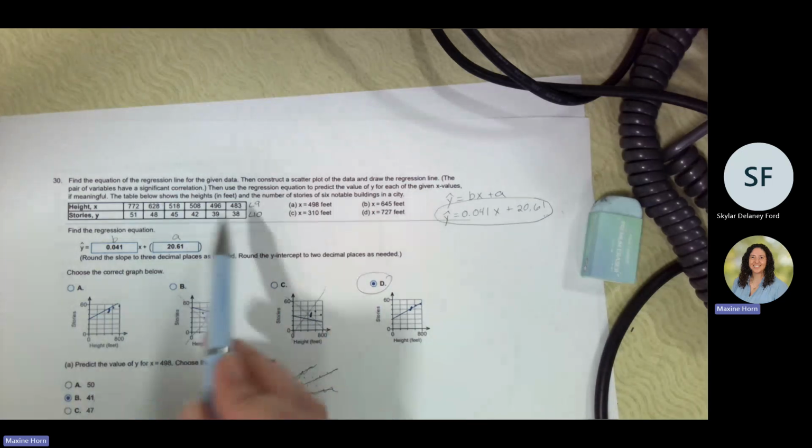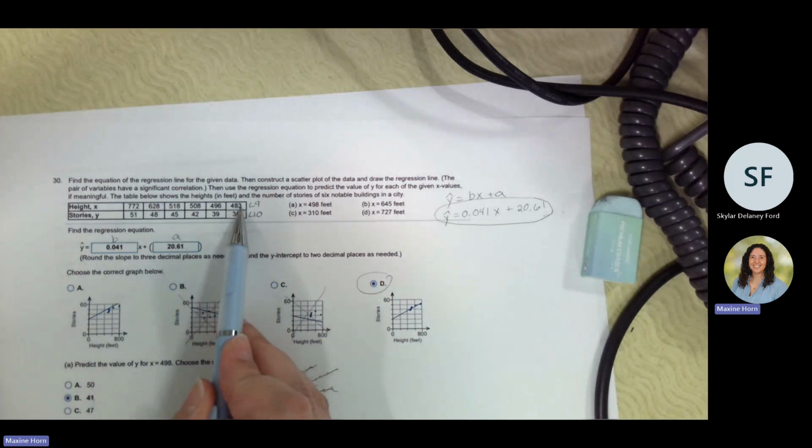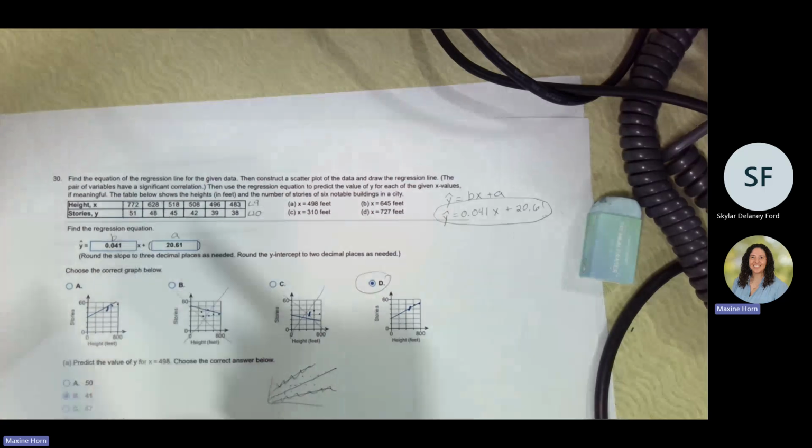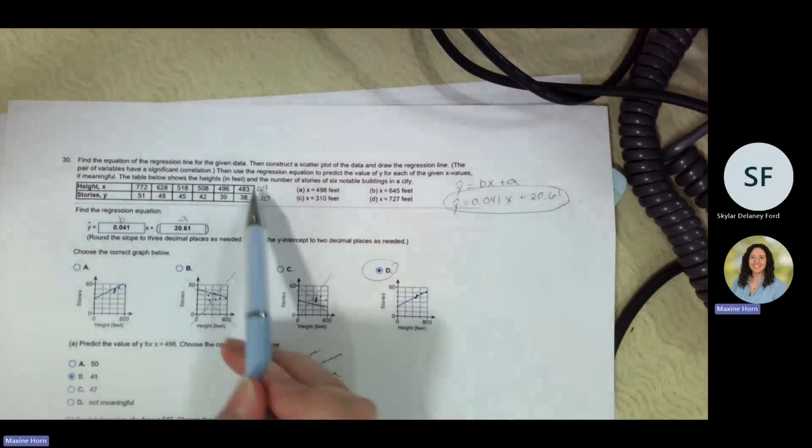We can only extrapolate to things that are near these values. It doesn't have to be exactly in it. It doesn't need to be that the lowest I can do is 483 and the highest is 772, but it needs to be near it. And 310 is way below this.